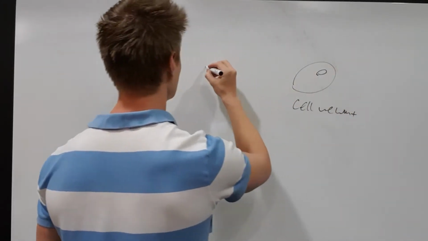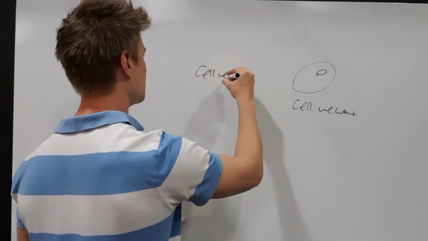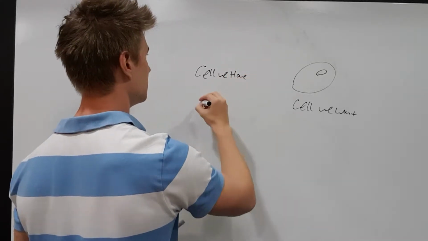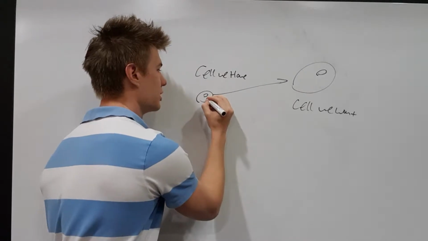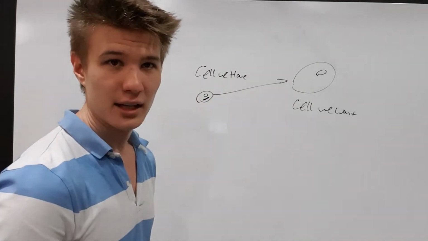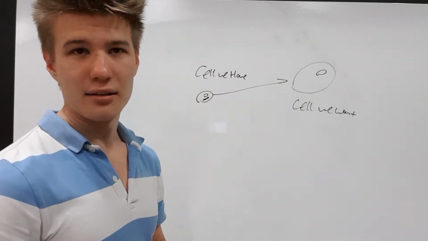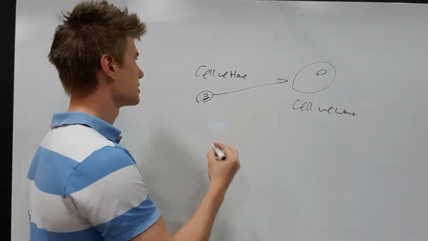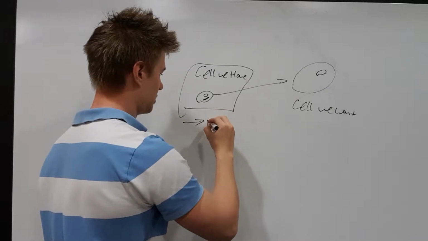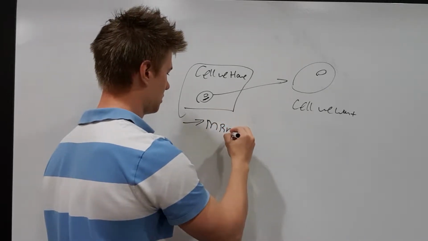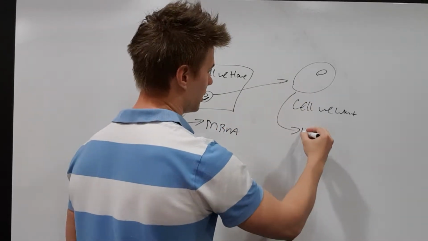Right, so we want the cell we have. And you get the transcriptome, right? So all of the messenger RNA. And we get that information and we determine the epigenetics of the cell we have. mRNA. And the mRNA, this one.